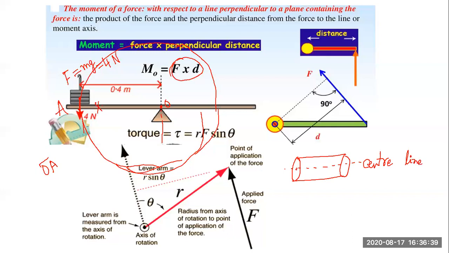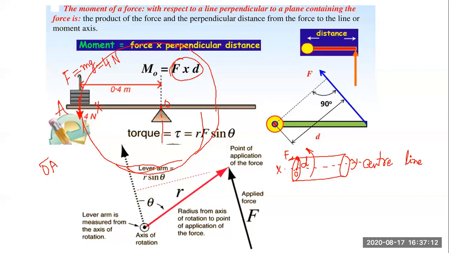This XY line is fixed, but each and every point of the shaft has a turning effect about it. If the distance is D and the force at each point is say F, again it is F into D about the point O or about the line XY.